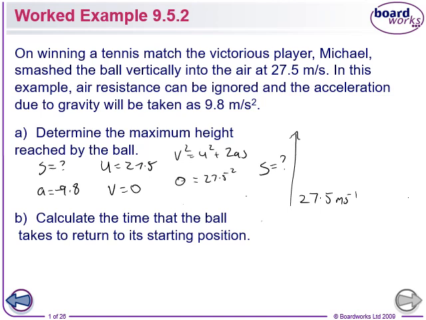I'm going to move my diagram over a little. 27.5 squared plus 2 times negative 9.8 times S. Okay, so if we rearrange, we get 19.6 S is equal to 27.5 squared, which is 756.25.